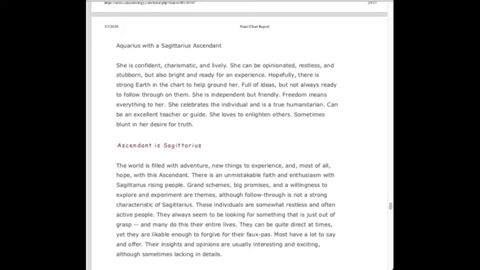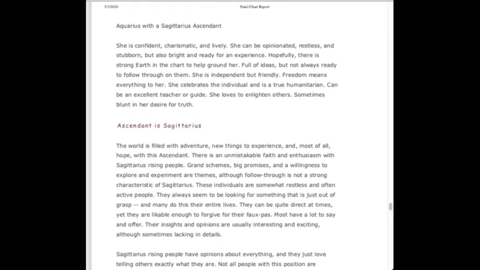Although follow-through is not a strong characteristic of Sagittarius, these individuals are somewhat restless and often active people. They always seem to be looking for something that is just out of grasp, and many do this their entire lives. They can be quite direct at times, yet are likable enough to forgive their faux pas.